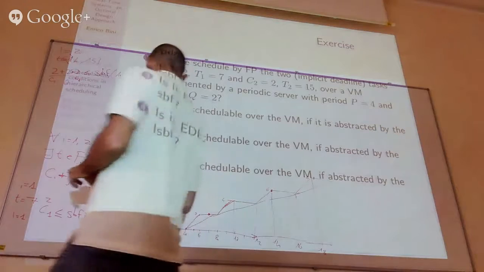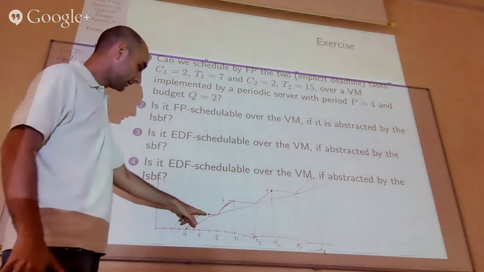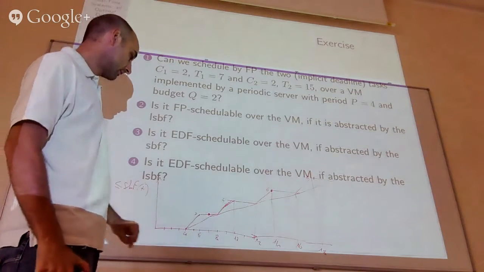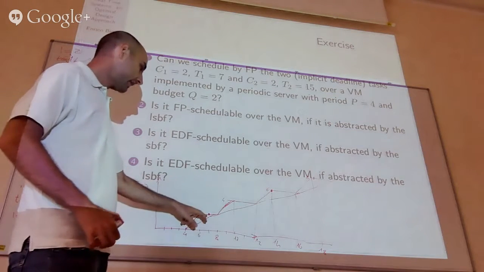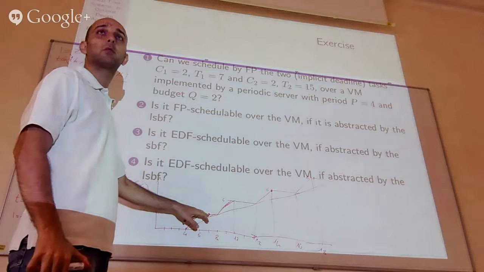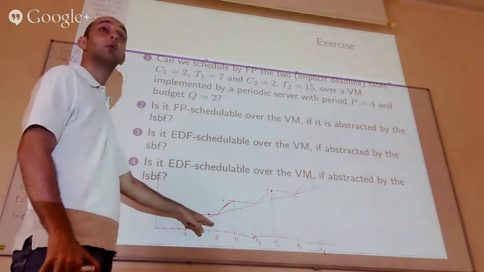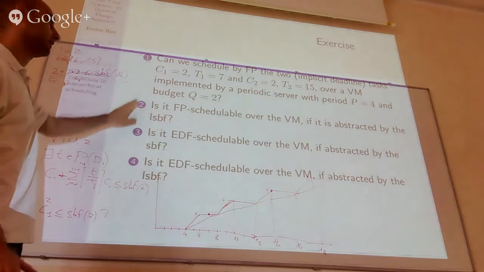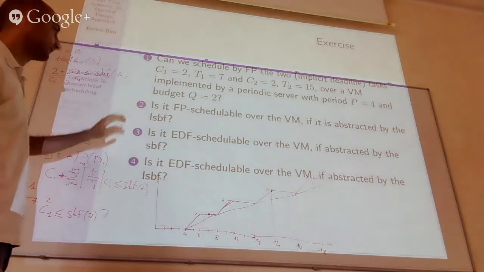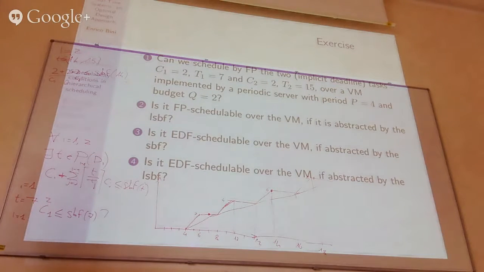So we can already see that at this point the task set is not guaranteed by the linear lower bound function because it's strictly below. Okay? So here is yes. Is it schedulable with the lower bound function? No. Let's check with EDF a second.